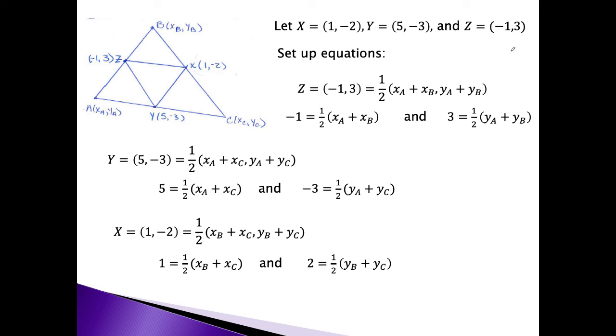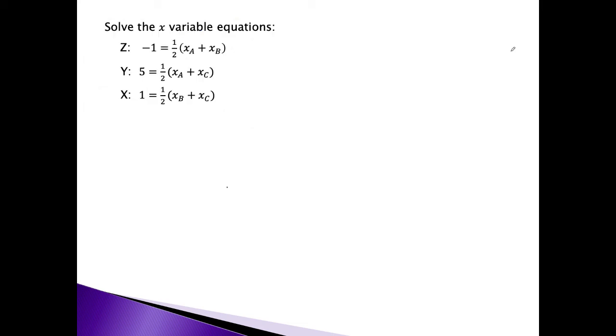So I'm going to move these to just variables of x, and we're only going to solve the x variable first. We have 3 equations for x, y, and z, or z, y, and x. So we have -1 equals 1/2 (xa plus xb), 5 equals 1/2 (xa plus xc), 1 equals 1/2 (xb plus xc).